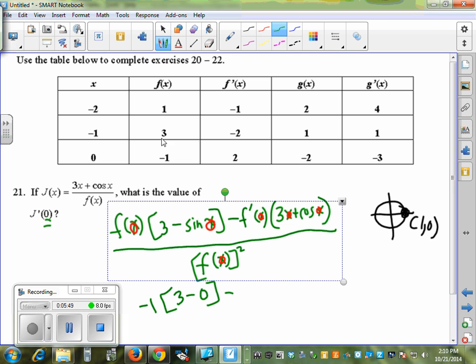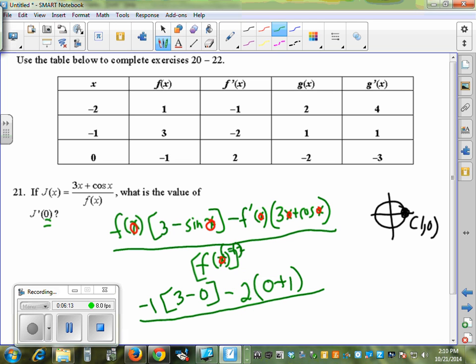Minus the derivative, x is 2. 3 times 0 is 0. And the cosine of 0, remember, is the x number. That is 1. Over the value of our function when x equals 0. That's -1. And that will be -1 squared.